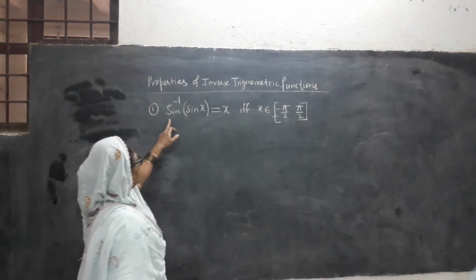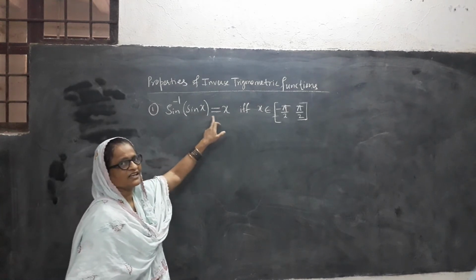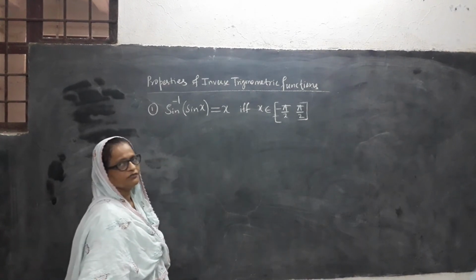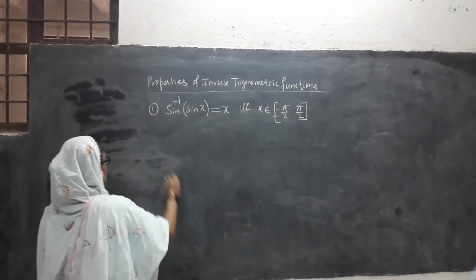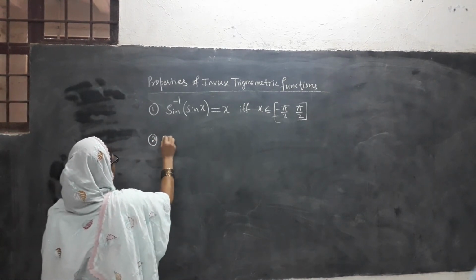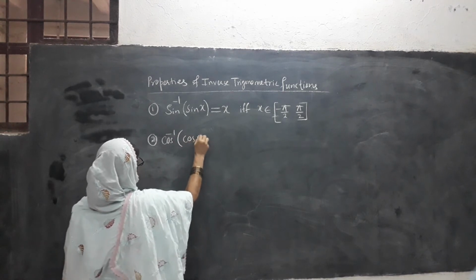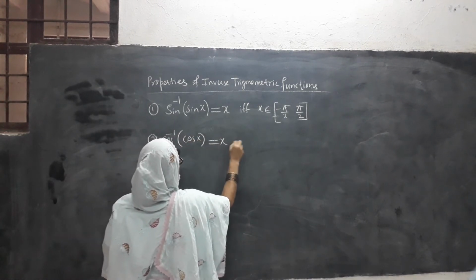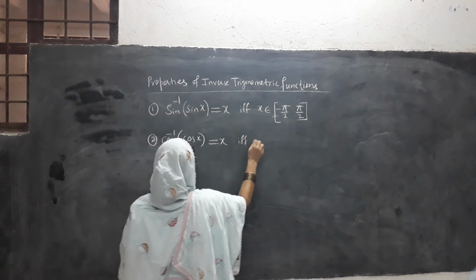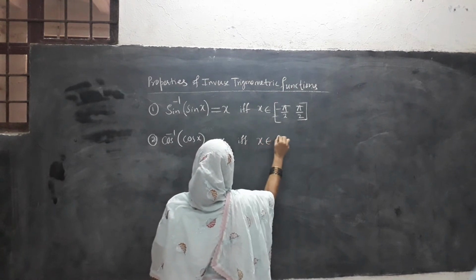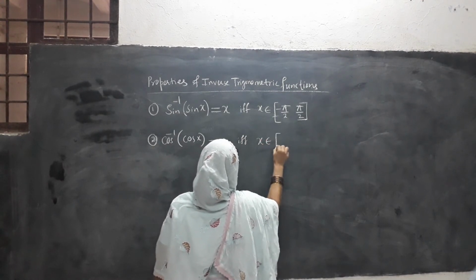See, sine inverse of sine x, you can directly write x if and only if x belongs to this interval. Similarly, cos inverse of cos x is directly x if and only if x belongs to the interval 0 to pi.